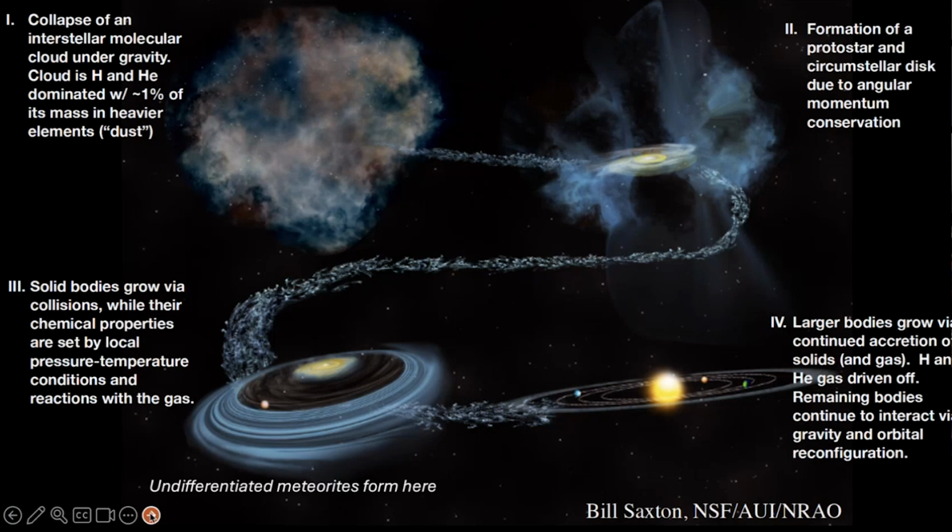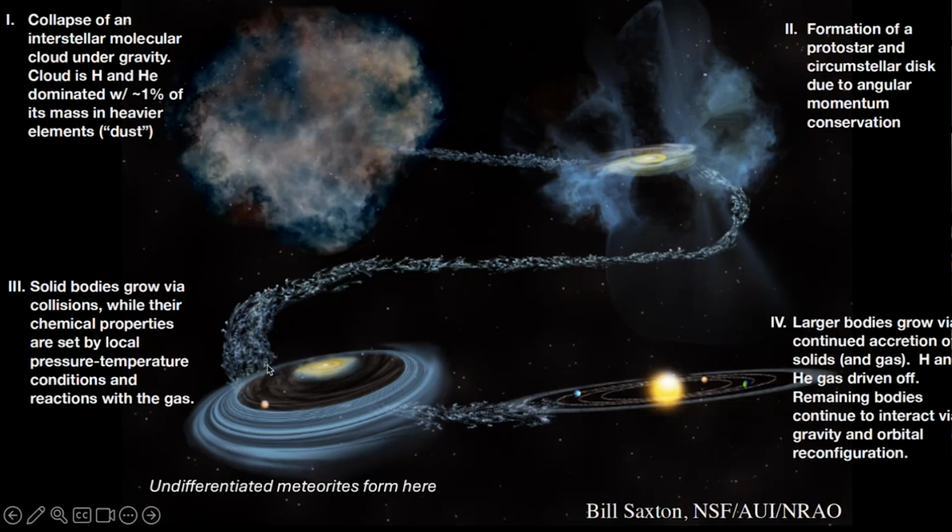All right, so this is basically how the solar system formed: a collapse of an interstellar molecular cloud under gravity, dominated by hydrogen and helium. That collapses and starts to rotate. This is sort of a circumstellar disk. Most of the mass goes into the middle, which becomes the sun. And then slowly, from this rotating gaseous hot material, matter starts to condense from gas to solids.